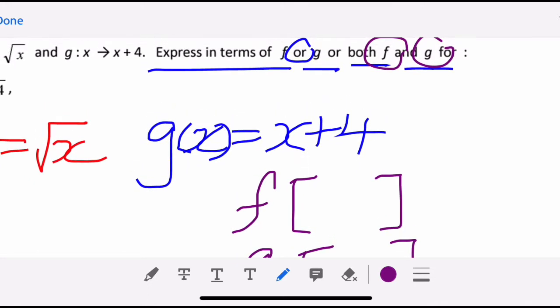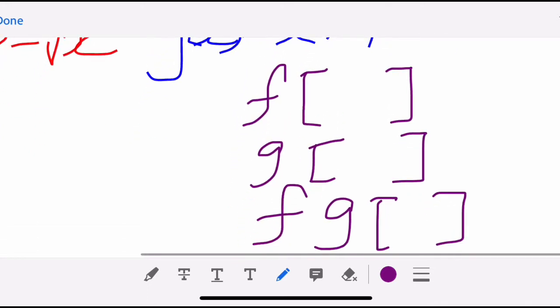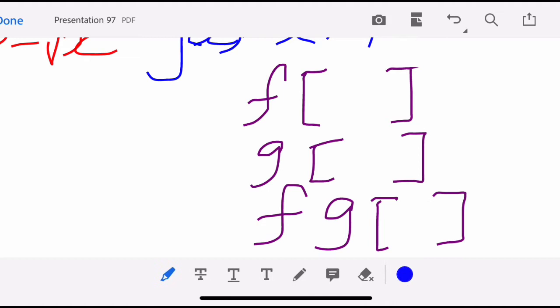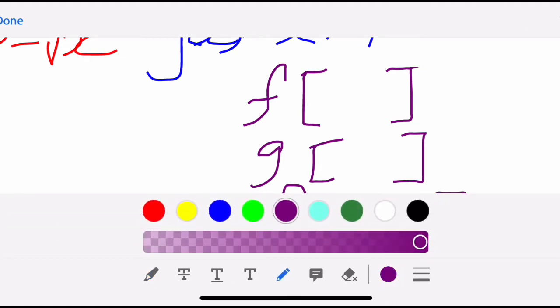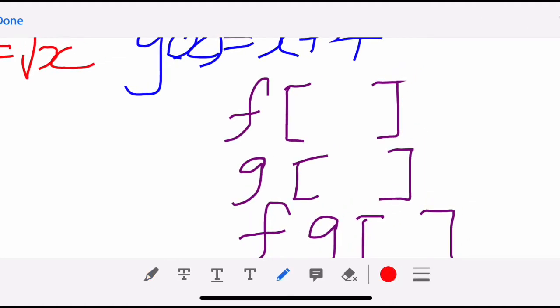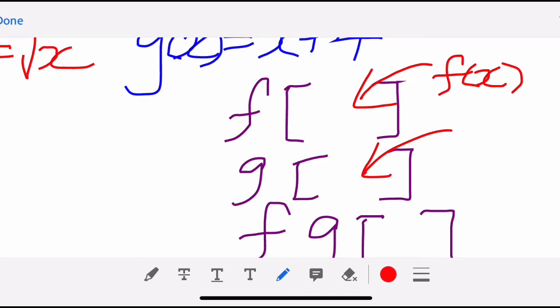So 'or' means either one, either f something or g something. But you must know that this is a composite function. That means you substitute an object which is another function. So inside here it must be a function. It can be function f. It is not x. Composite function means that the object is another function.